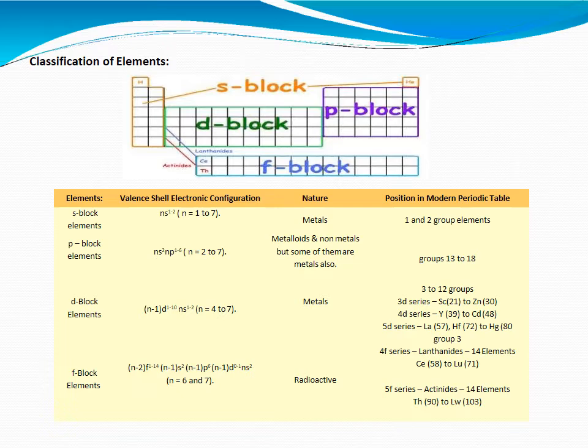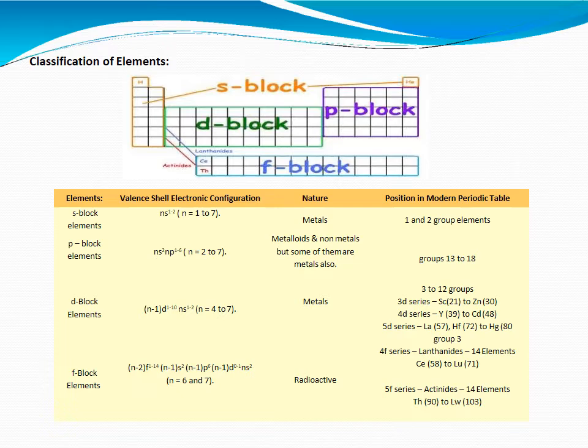P block elements are those where the outermost or valence shell electronic configuration is ns2 np1 to 6. These are metalloids or non-metals, but there are some metals also. They exist in groups 13 to 18.